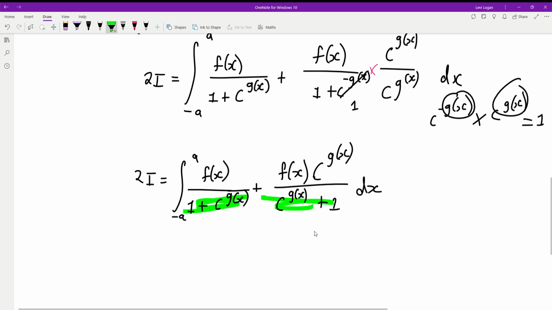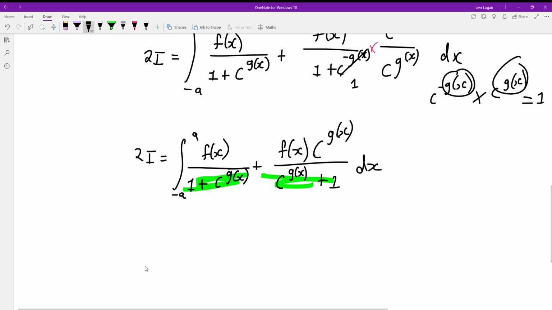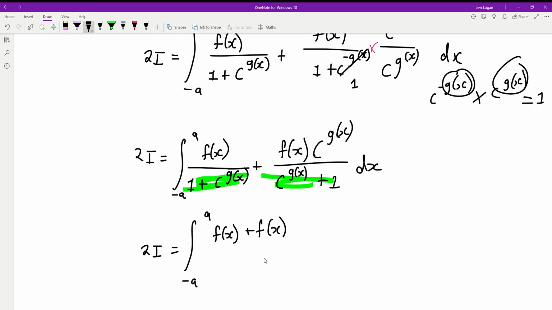So 2I is equal to the integral from negative a to a of f of x plus f of x c to the power of g of x, all over c to the power of g of x plus 1 dx.